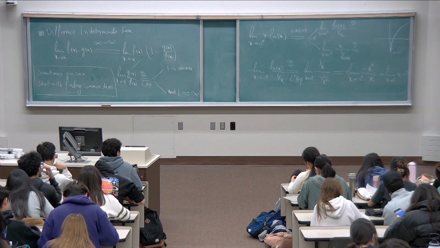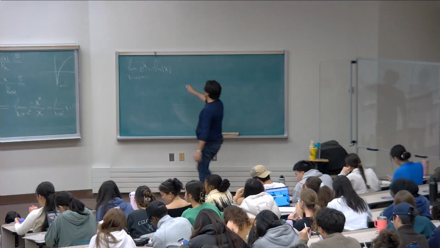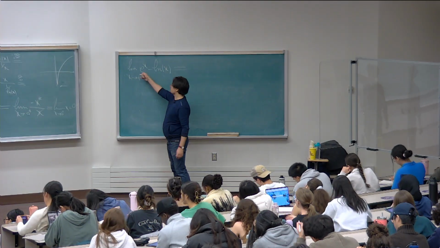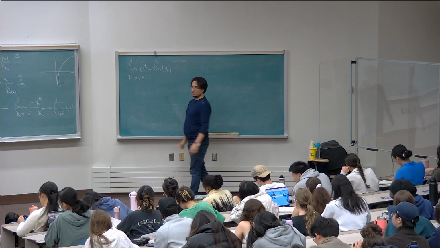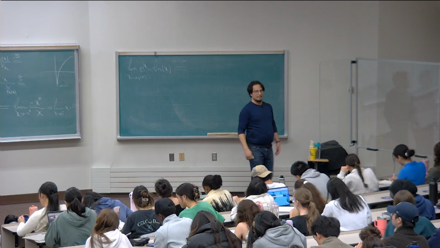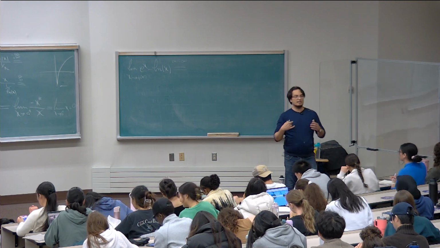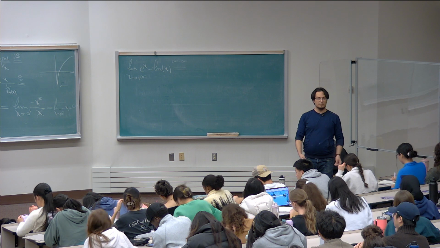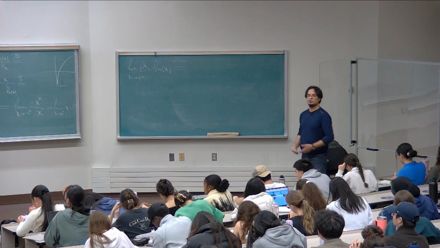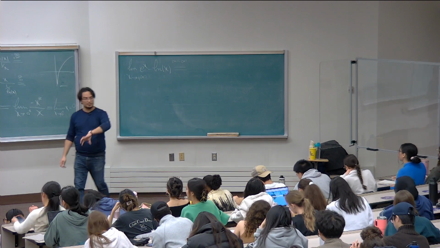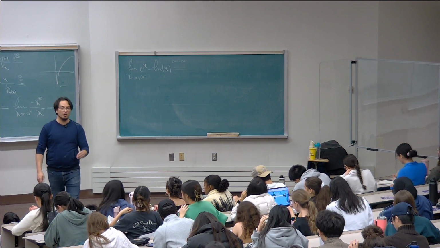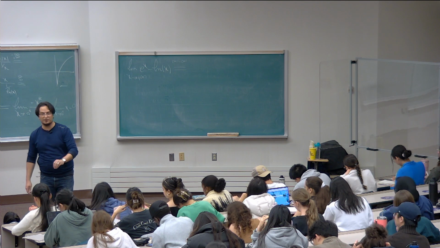This guy, again, seeing that x goes to infinity, this is plus infinity, this is plus infinity, I have infinity minus infinity. I see that, okay, this is an indeterminate form. I announce what type of indeterminate form it is. I cannot use L'Hopital until I turn it into 0 over 0 or infinity over infinity.